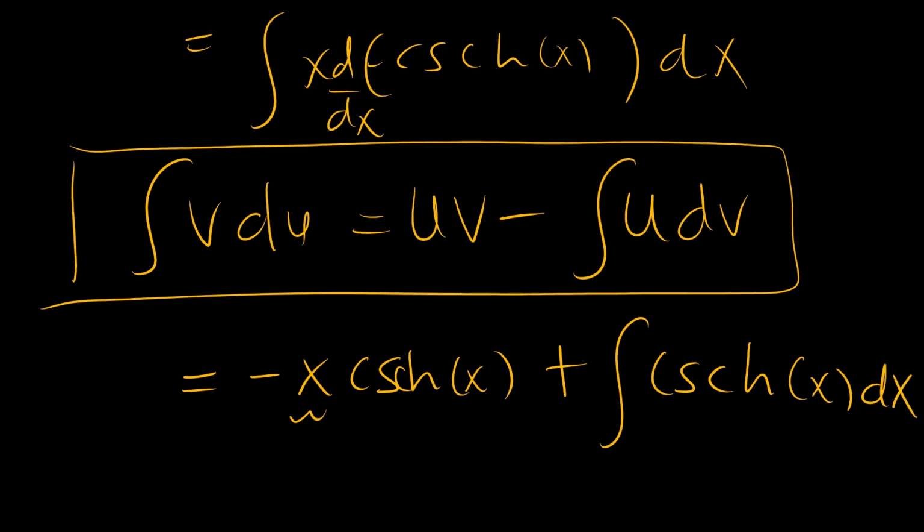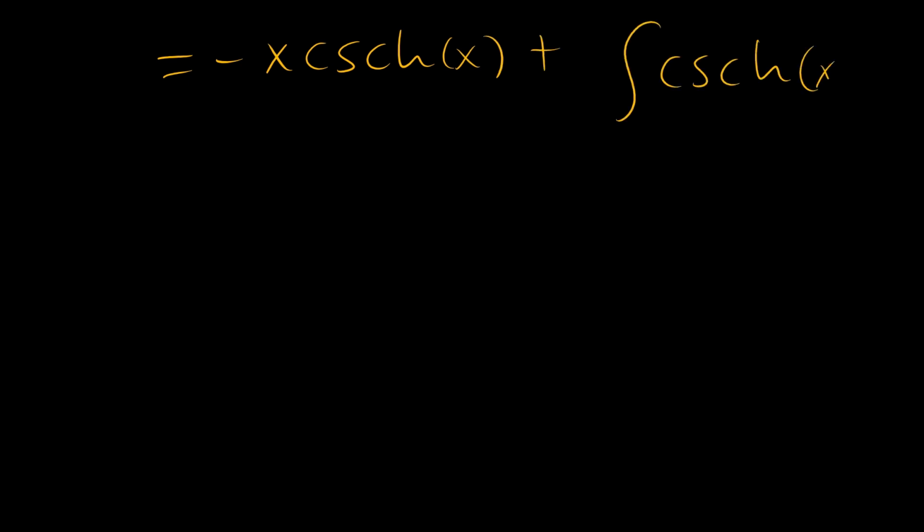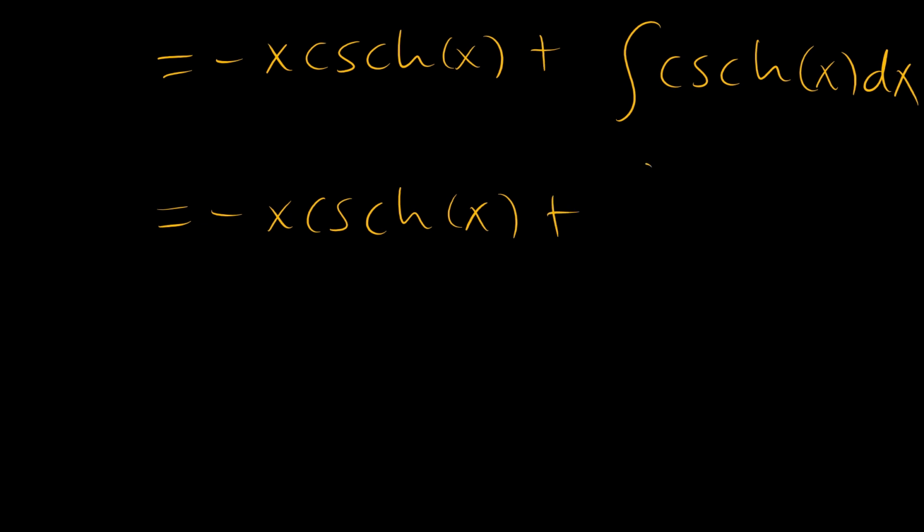So this is where I think many people would get tripped. I would like to express everything in terms of the exponential function. So this is 2 over e to the power x minus e to the power negative x.